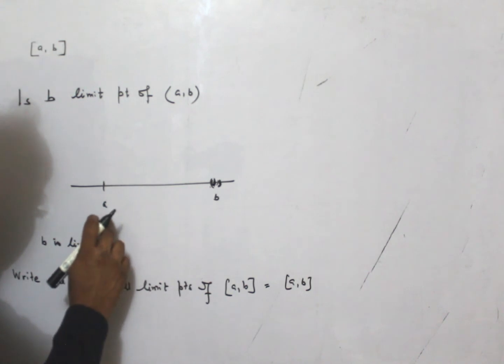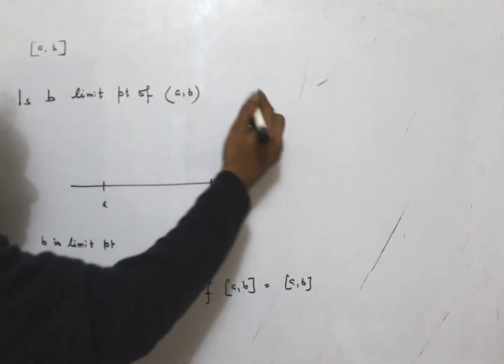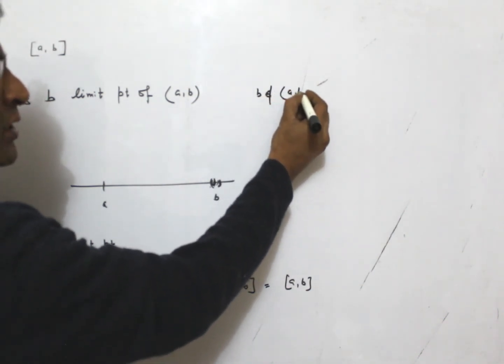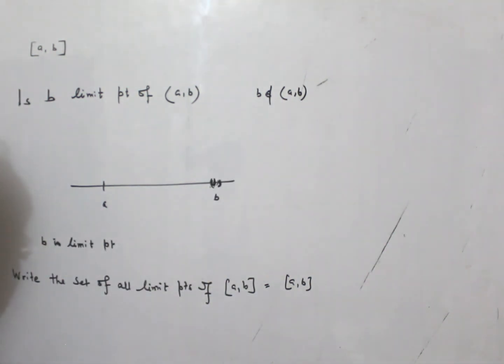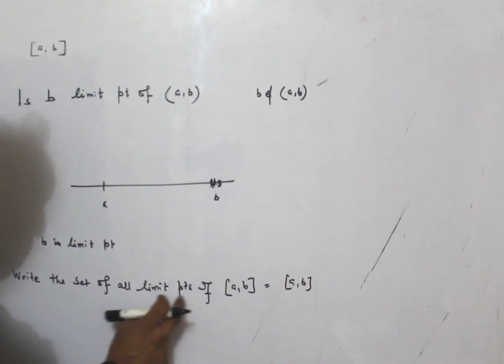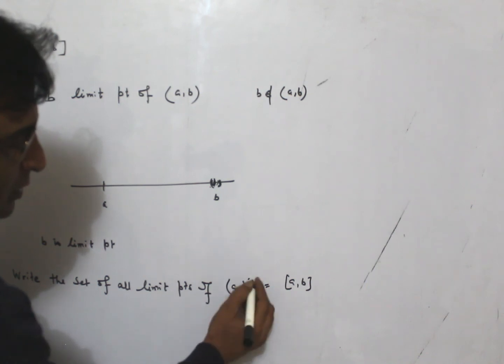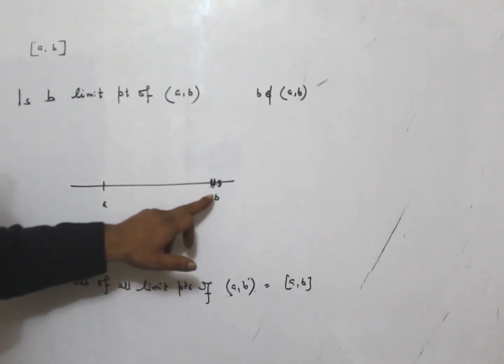That means B is a limit point again. Even though B is not a member of the open interval AB, B is a limit point of it. So if the question is to write the set of all limit points of the open interval AB, the answer will remain the same, because B is a limit point.